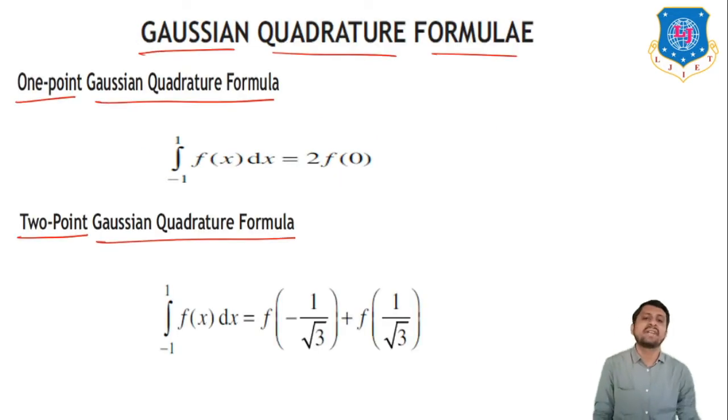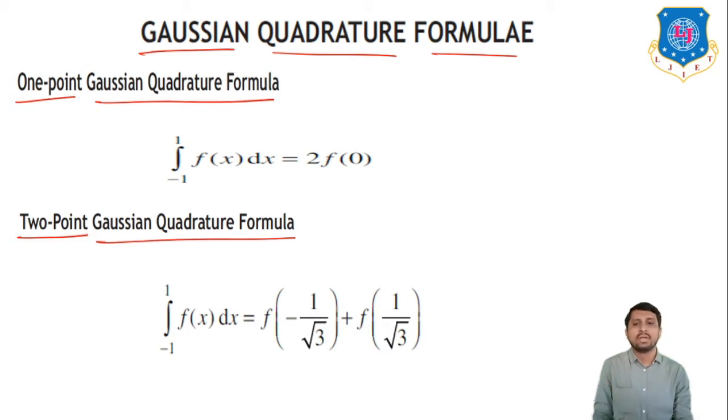The formula is very important, and to use the Gaussian quadrature formula, the integration must be from -1 to 1. Suppose your integration is not from -1 to 1, then first you have to convert your limit of integration from -1 to 1, and then you can apply this formula, either 1 point, 2 point, or 3 point.